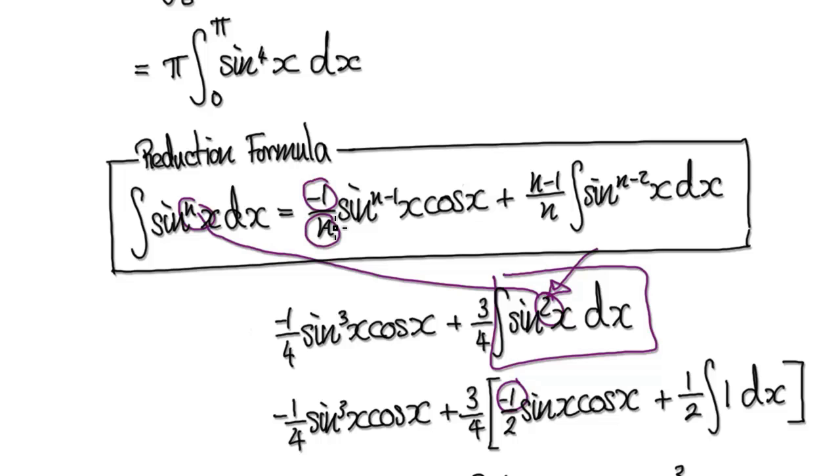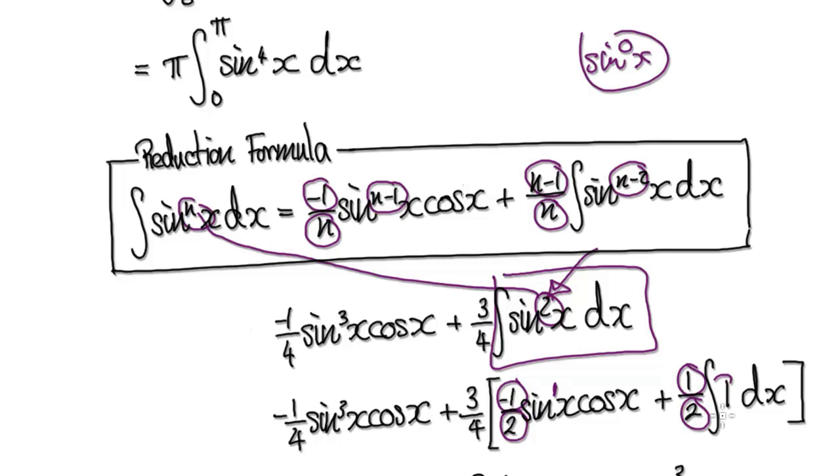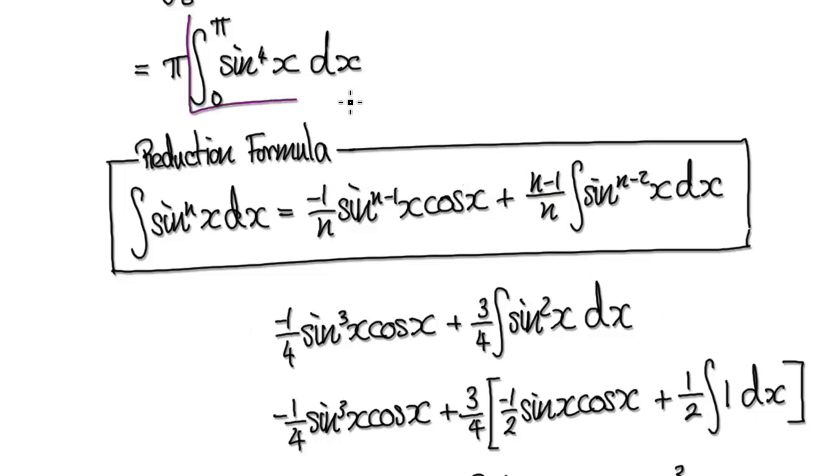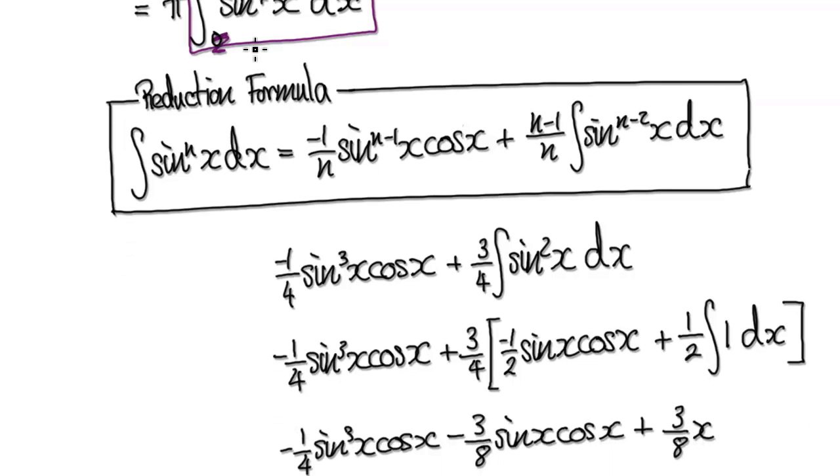So negative 1 over 2, and 2 take away 1 would be 1, over 2, and then 2 take away 2 would be 0. So sine 0x, which is 1. Applying the reduction formula again on this would then give you this thing here. So this whole thing here, without the 0 and the pi, becomes this.